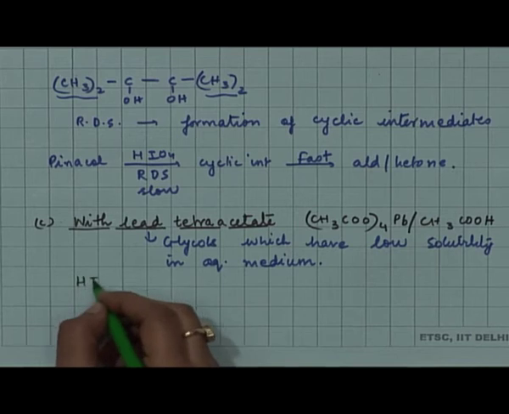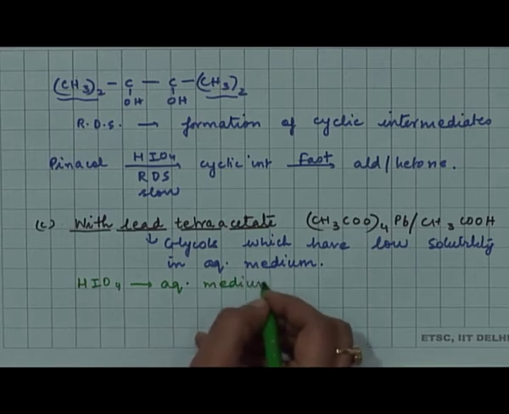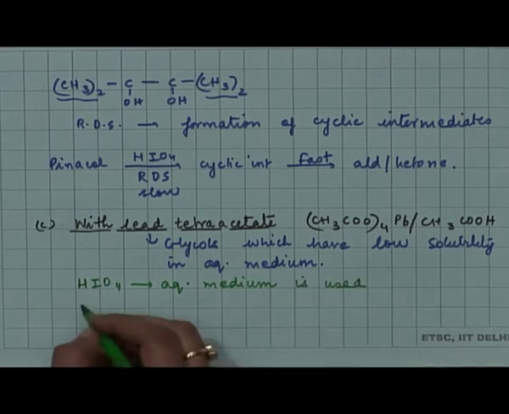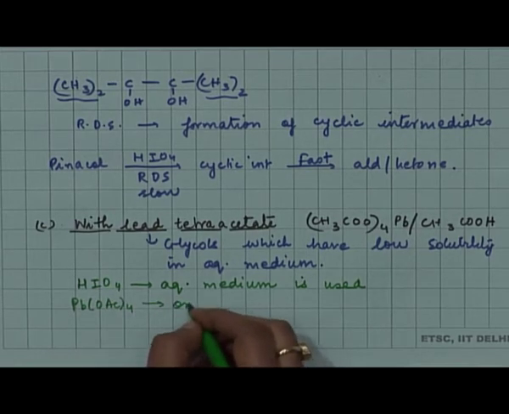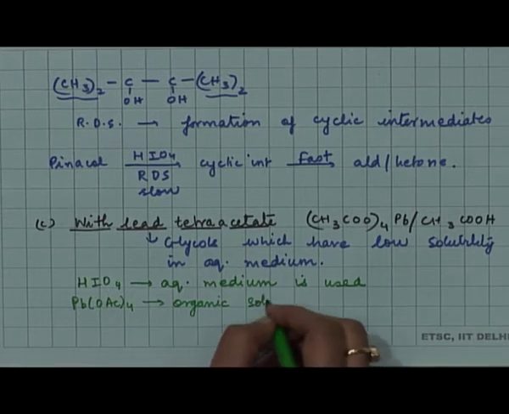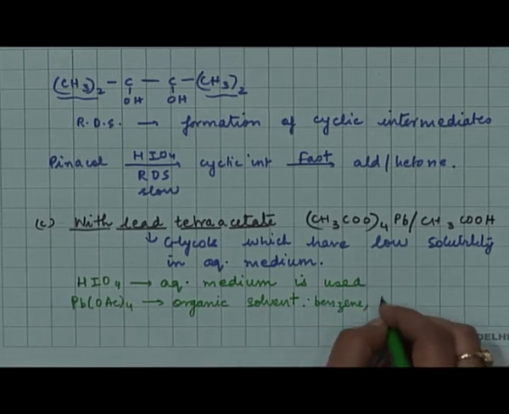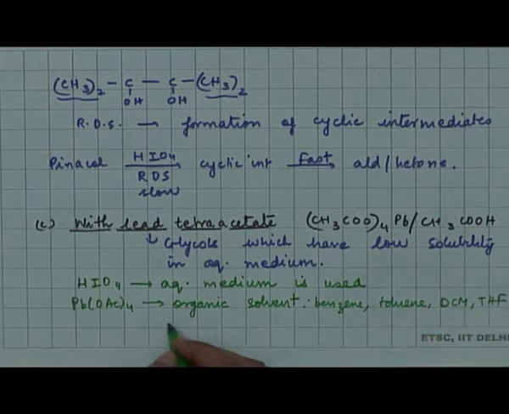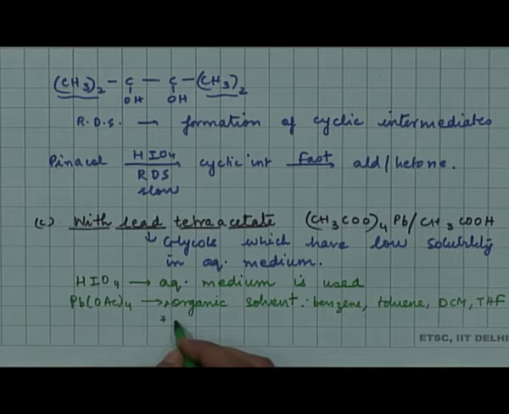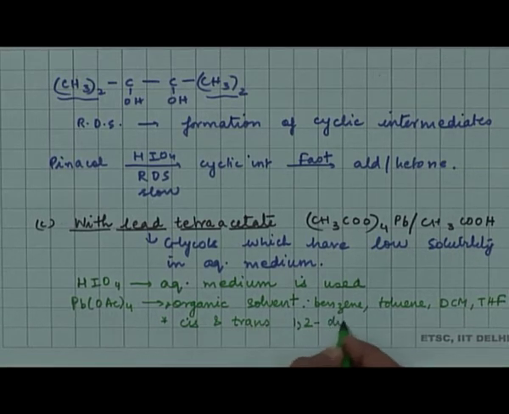Why? Because in periodic oxidation an aqueous medium was being used for the reaction, but in case of lead tetraacetate oxidation of diols, the reaction is carried out in organic solvents like benzene, toluene, dichloromethane, tetrahydrofuran, etc. And in this case both the syn and the anti glycols, that means both the cis as well as the trans 1,2 diols, can oxidize.